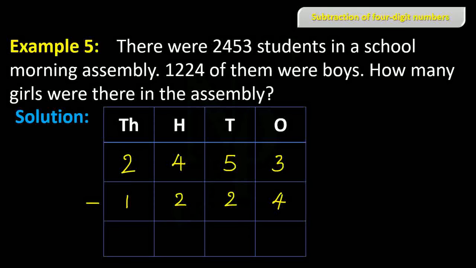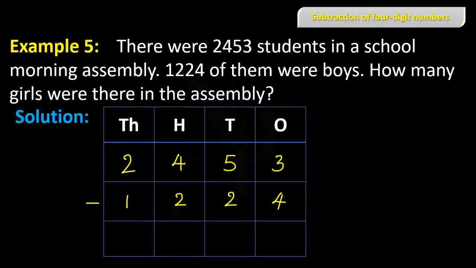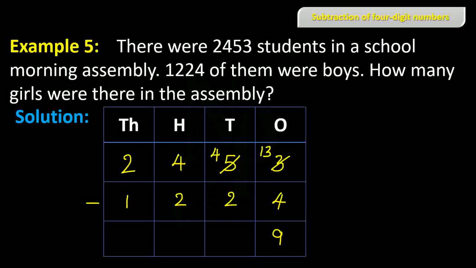So here this 5 tens becomes 4 tens, and we will borrow 1 ten to the ones column, and it becomes 10 ones. 10 ones plus 3 ones is 13 ones. And now subtract 4 ones from 13 ones, you will get 9 ones as difference. Or simply 13 minus 4 is equal to 9.